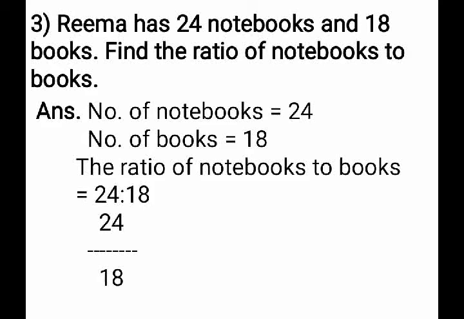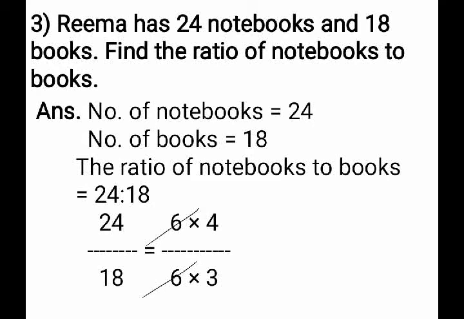Number 24 and number 18 are in the same table, the table of 6. So you have to write the multiplication form. 6 4s are 24 upon 6 3s are 18. 6 gets cancelled.